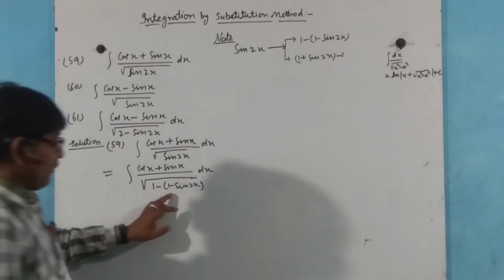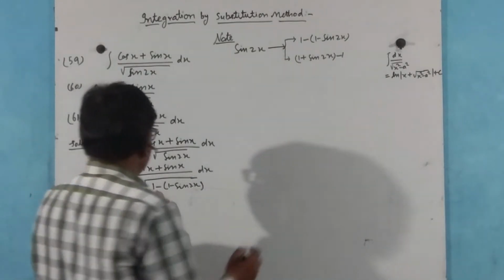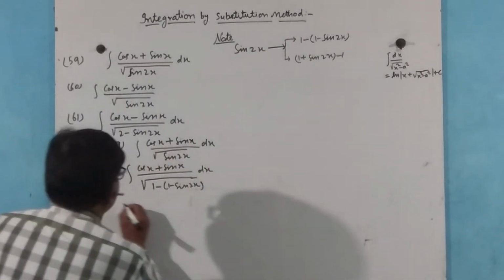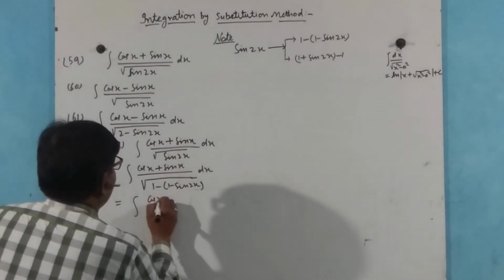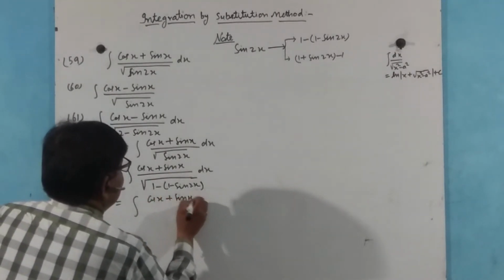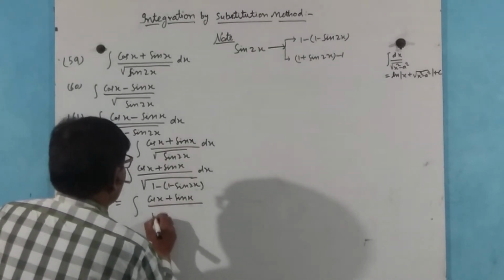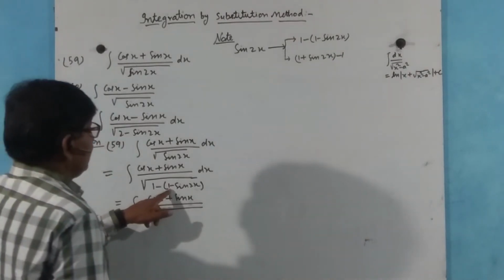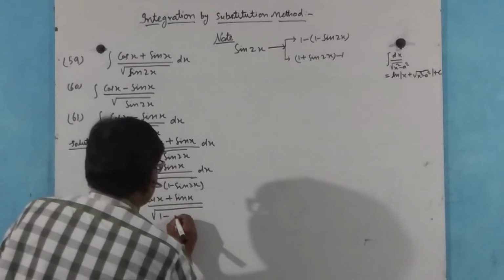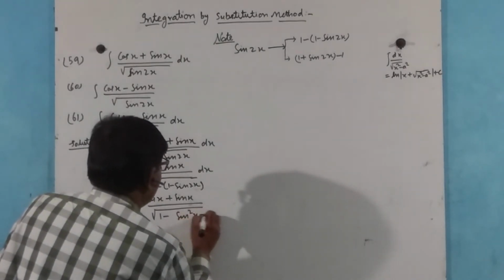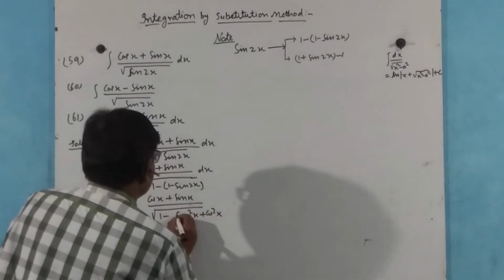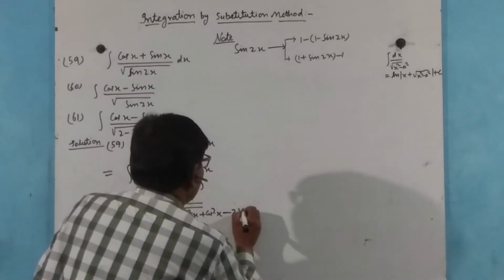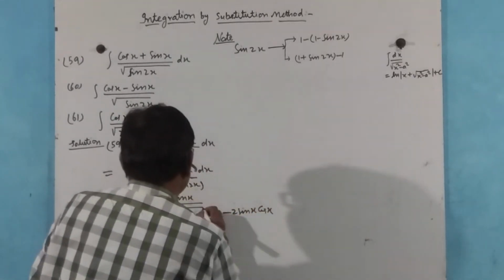Now this can be written as integration of (cos x plus sin x) divided by under root of 1 minus 1, which can be written as sin square x plus cos square x, and minus sin 2x, which is 2 sin x into cos x.